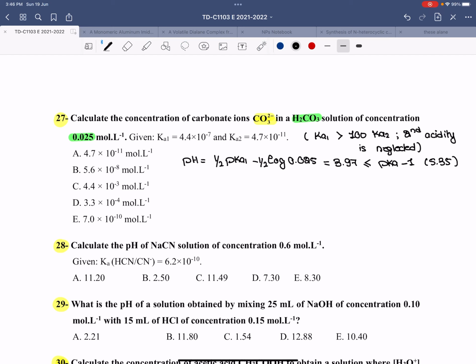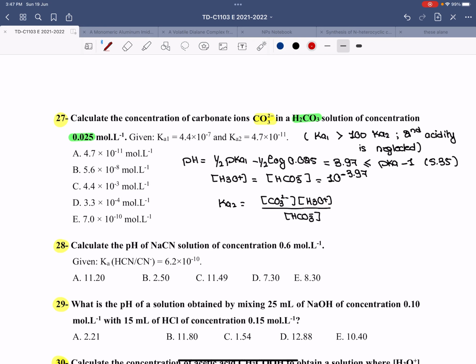How does the pH help you? Because the pH tells you that H3O plus at equilibrium is equal to HCO3 minus, and it's equal to 10 to the negative 3.97. From Ka2, Ka2 is equal to basically CO3 2 minus times H3O plus divided by HCO3 minus.